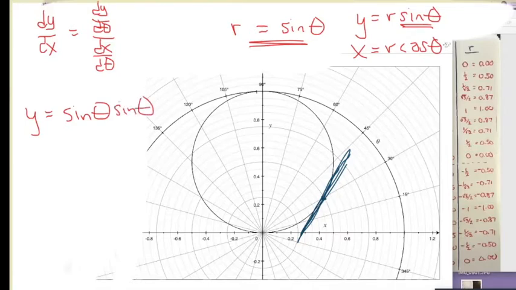Our x is going to be, again, r is sine of theta, and when you're converting from the r of a polar equation to the Cartesian x, you're always multiplying by cosine of theta. So there's cosine of theta.